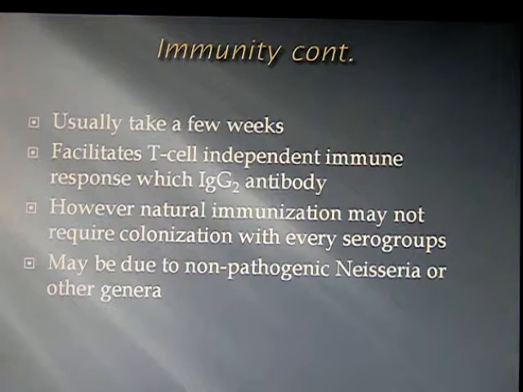However, natural immunization may not require colonization with every serogroup. Usually you have natural immunization due to non-pathogenic Neisseria that are living within your body, and also other genera that are similar to Neisseria meningitidis.